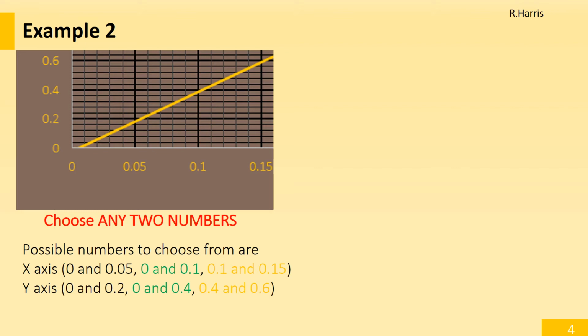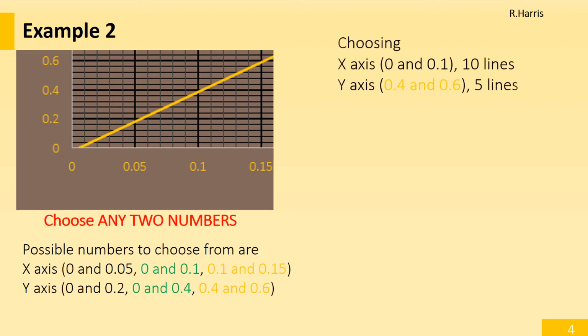While for the y-axis, it is 0 and 0.2, 0 and 0.4, and 0.4 and 0.6. For the calculation, we will choose 0 and 0.1, which has 10 lines from the first to second number on the x-axis, and 0.4 and 0.6, which has 5 lines from the first to second number on the y-axis.